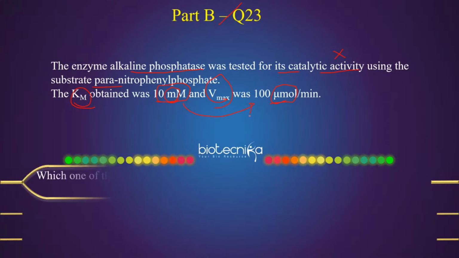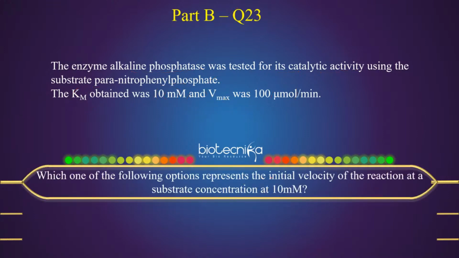And what have they asked you to find out? Which of the following represents the initial velocity? Initial velocity means V0. They have asked to find out V0 at substrate 10 millimolar. Everything they have given. So all you have to apply is the Michaelis-Menten equation. As simple as that. Cannot get simpler than this. Just that you have to convert the units.